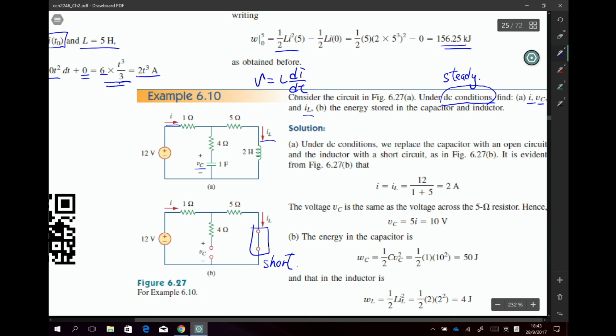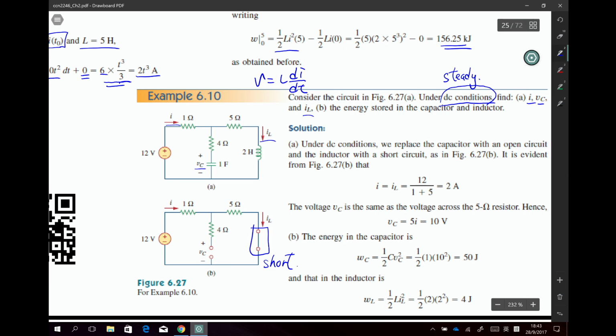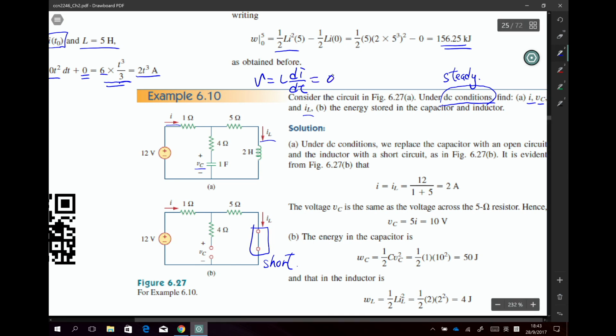If current is not changed, di dt is equal to 0, and V equal to 0 also. So if you remember, if a component has potential difference equal to 0, it means that R equal to 0. So it is a short circuit.